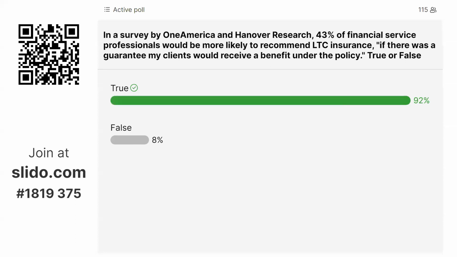The answer is true. I think this is really important to recognize: many insurance and financial advisors have become a bit disenchanted with long-term care insurance because of the rate increases, meaning clients come in looking for direction year after year on what option to take with the latest increase in their traditional long-term care insurance premium.